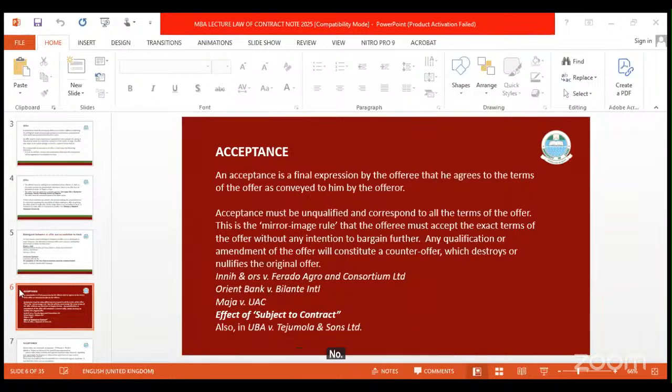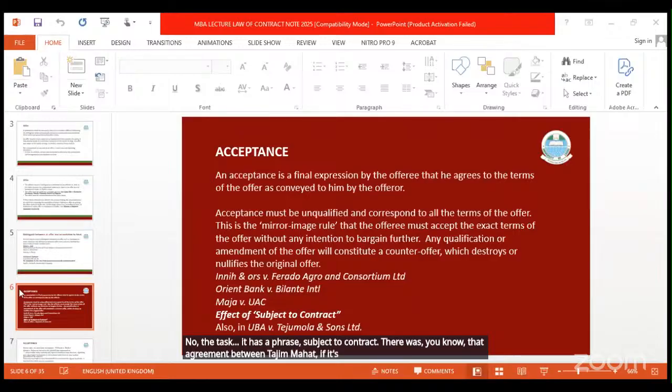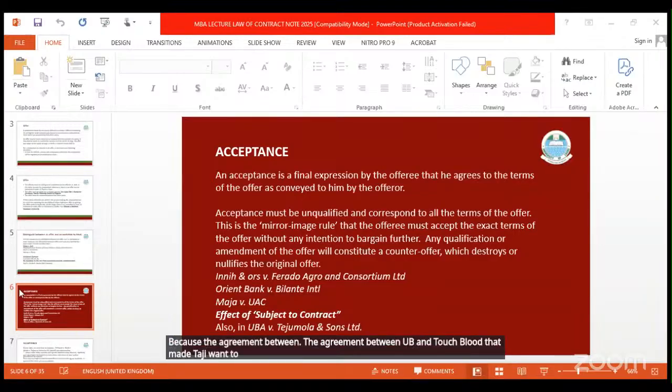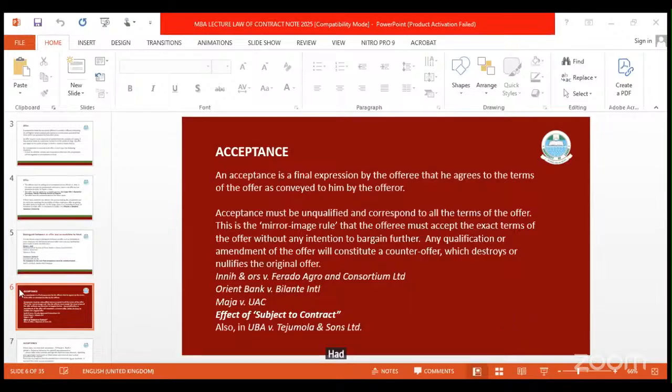The court ruled, you know, that the agreement between UBA and Tejimola had a phrase, subject to contract. So the court said that because the agreement that made Tejimola renovate that asset had the phrase subject to contract, it means that the rights of the parties had been suspended until a subsequent contract is entered into.